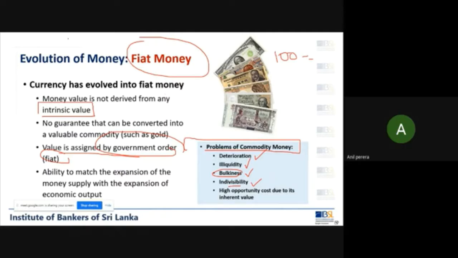So all these led to the introduction of fiat currency. The other advantage of fiat currency is you can expand the money supply without expanding the output of the economy. This is a problem as well as a benefit. Okay? Governments or countries relied on fiat money because they could easily expand the money supply. Now, commodity money supply you can't expand.